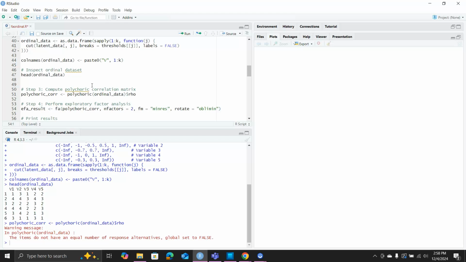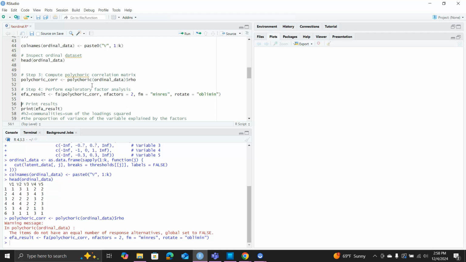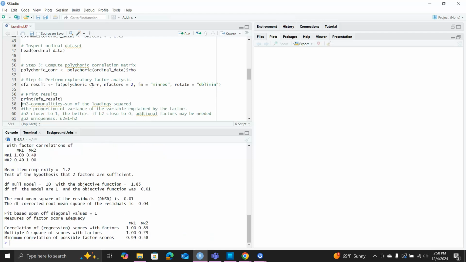I will leave it to you to read the documentation of fa to learn more details about these options. So let's run the factor analysis. Very quick, takes no time. And then let's print out the results.